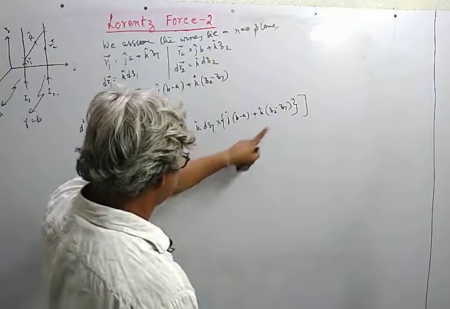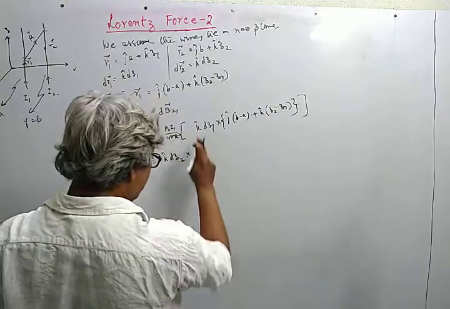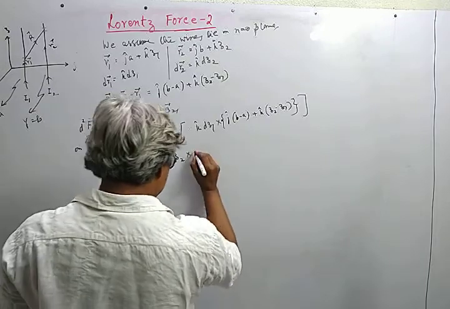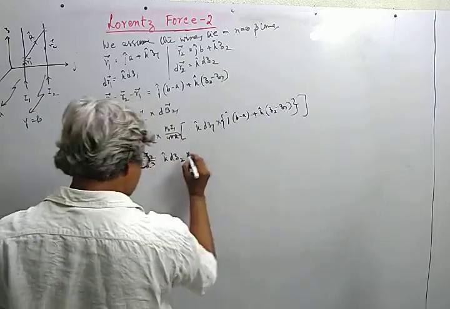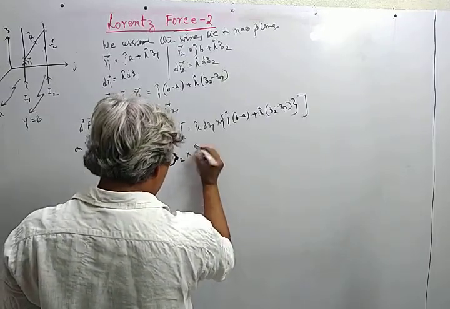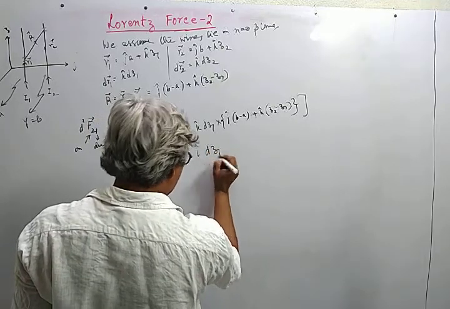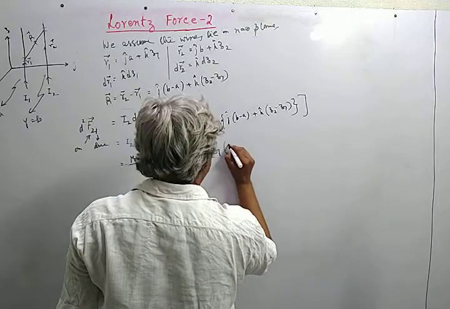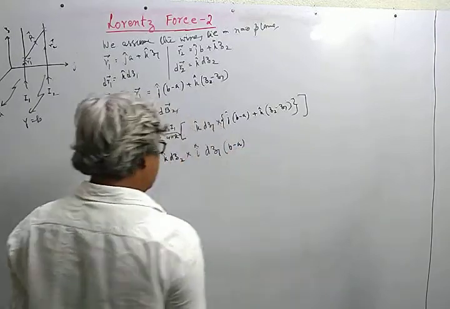K cross k is 0 and this part will survive. K cross j is minus i, so this is minus i cap dz1, and this is b minus a.